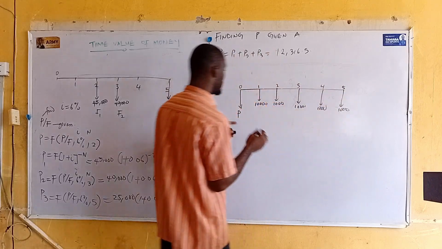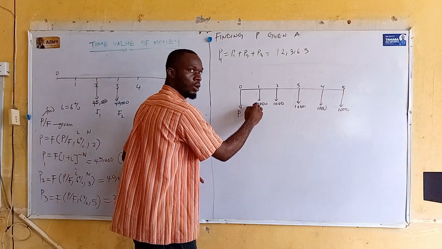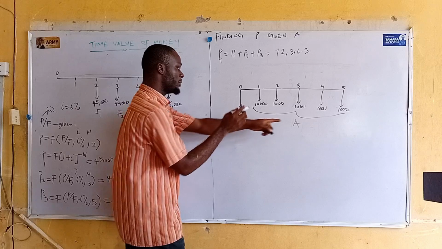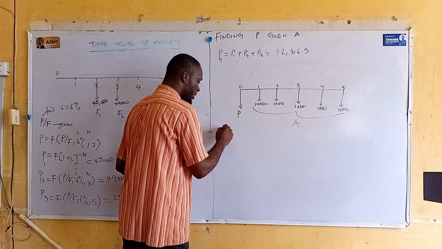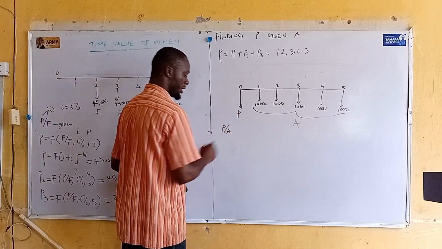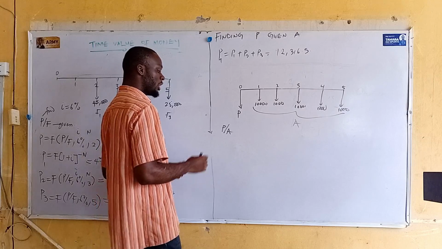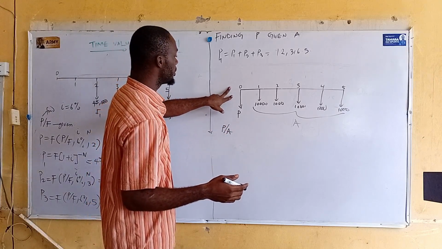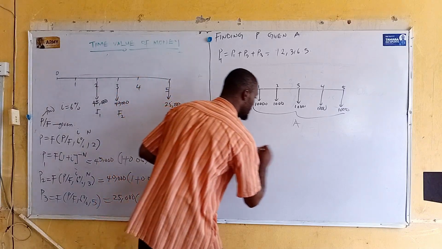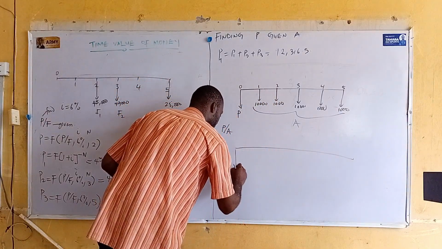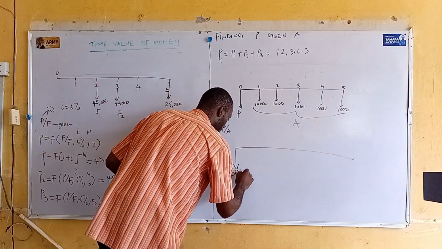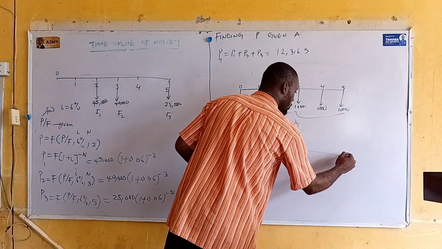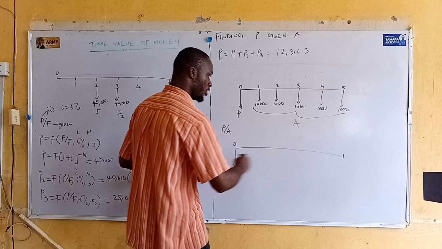So this one is an equal amount of money. This one means find A given P. You can ask, if I deposit a particular amount, let's say 5,000 now, how much will I be able to withdraw for 5 years?